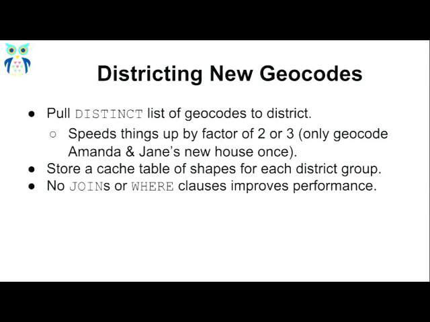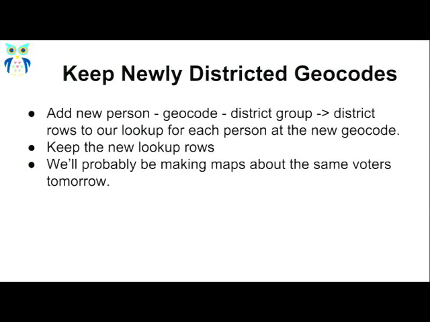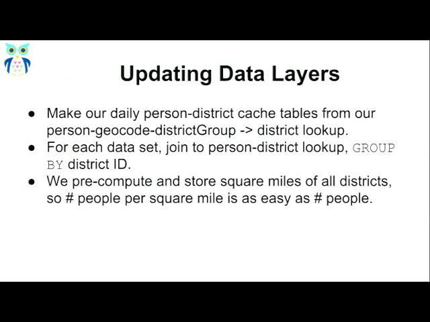I should say the Washington State medium hexagons, because the Colorado medium hexagons are a different district group. I do everything state by state. And then, of course, once I've done this, I add it to my lookup table, because chances are we're going to be making maps about Jennifer and Amanda tomorrow.